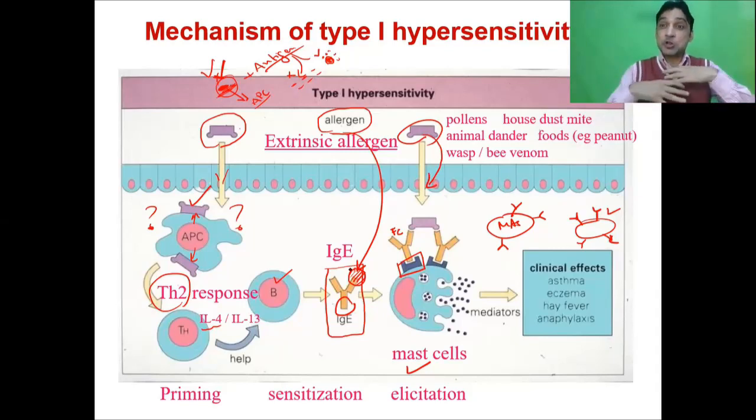The body contains lots of mast cells present in different parts of the body. Those mast cells carry antibodies that are created and designed to capture the same allergen.